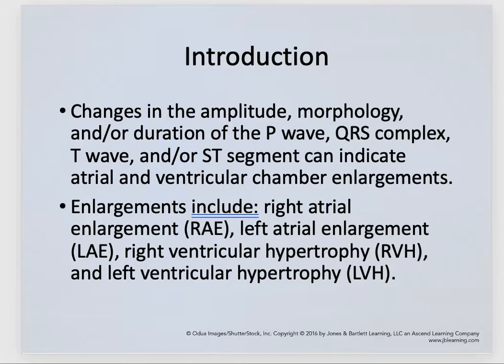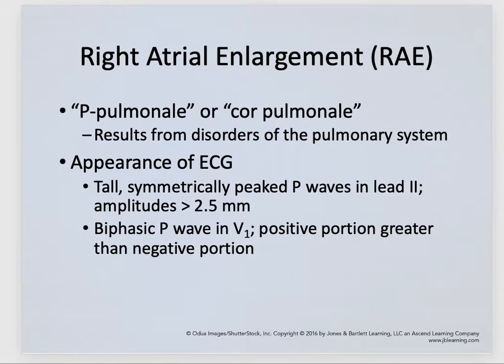For this lecture, it means either atrial or ventricular enlargement can be happening. Enlargement can again be of the atrium or the ventricle, so it could be right atrial enlargement, RAE, left atrial enlargement, right? Or, very common, you hear a lot more, is the ventricle, so left ventricular hypertrophy or right ventricular hypertrophy. So you can see how those are abbreviated with their initials.